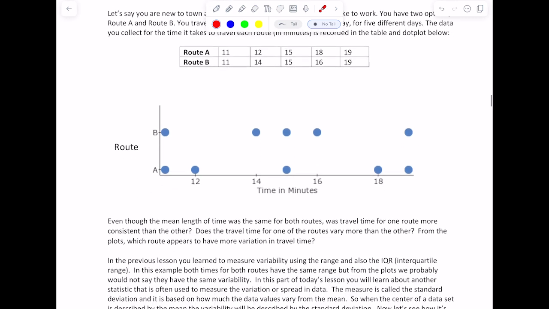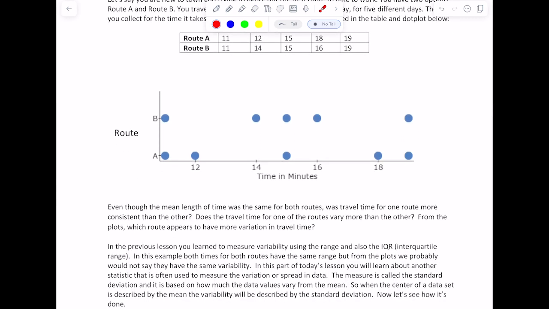Okay, if we look at a graph, we've got basically two dot plots. We have a dot plot for Route A, and then a dot plot for Route B. By looking at it, which route has more variability? In other words, was there a travel time for one route that was maybe less consistent than the other? So pause the video and take a look.